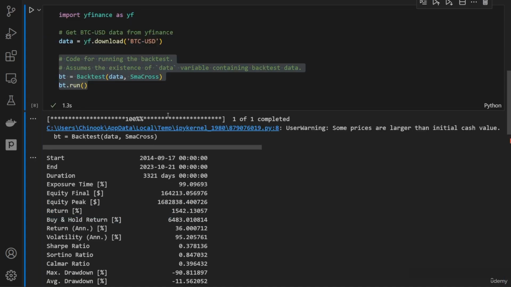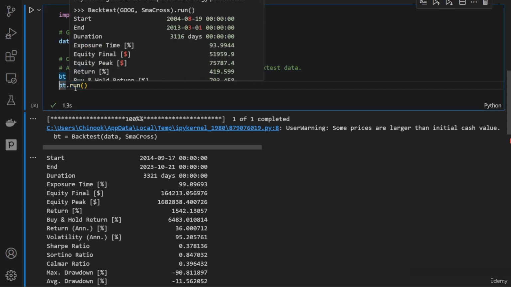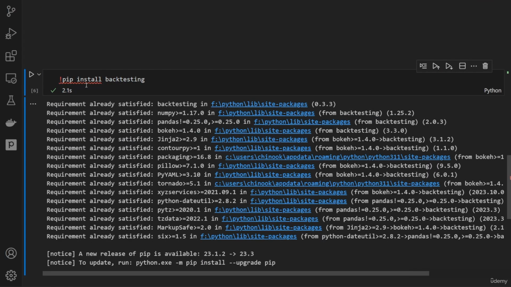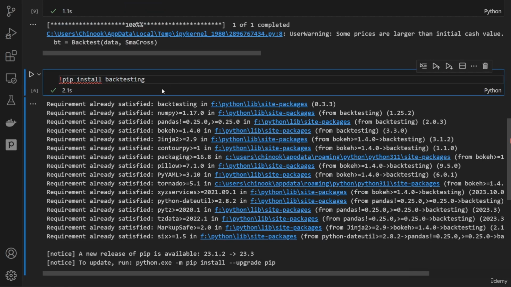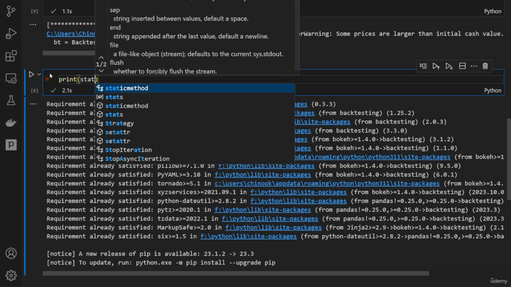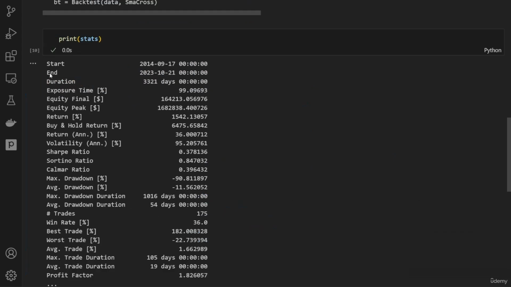Now there's a slightly different way to access these results, and in my opinion it's better. I'm going to define the variable stats, and I'm going to store whatever comes out of bt.run in this variable. So I'll run this again, and we don't need this part anymore. Now we can print stats, and this way you can have access to this information anytime in the program.